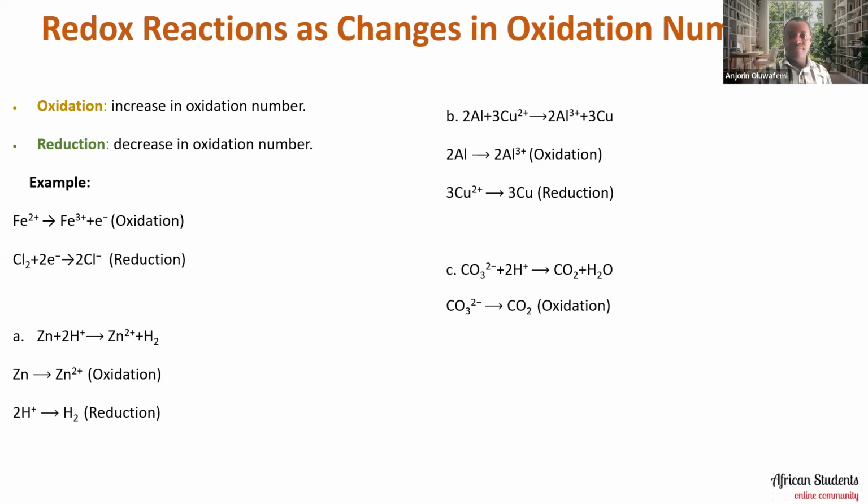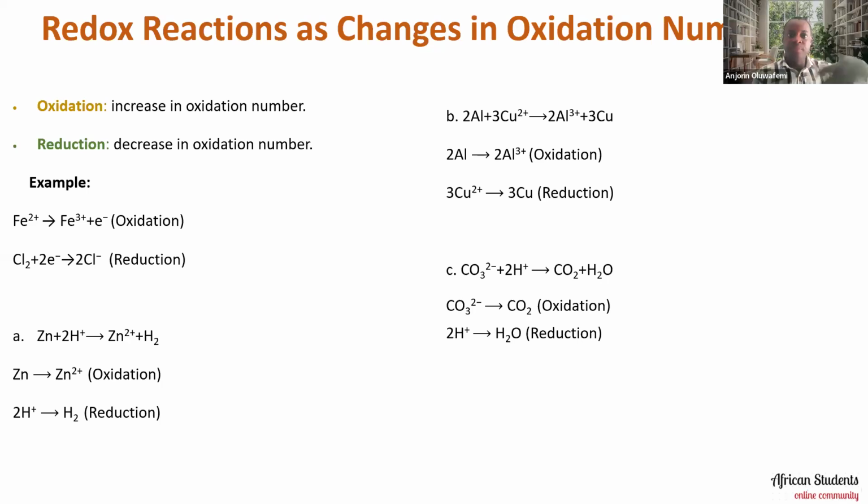So that's an oxidation because it's an increment, from the negative to the positive side of the number. This other one is a reduction from +2 to 0. That's good. So I believe we understand these as redox reaction as changes in oxidation numbers: increment, decrease, and what it connotes.